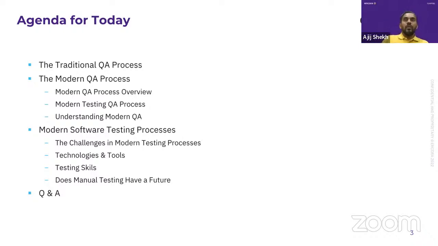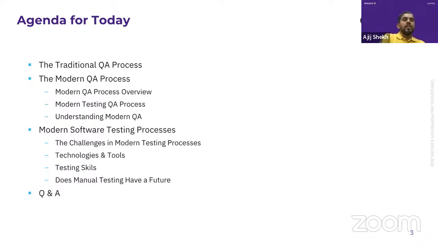Once one phase is completed from the development side for a particular sprint, we move on to the second sprint, and then we start the test cases and then development. So if any change happens in between in our testing process, it would be difficult for us to manage it. That is the main problem of the traditional QA process we are facing right now.